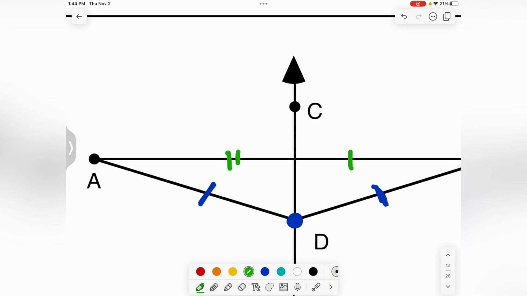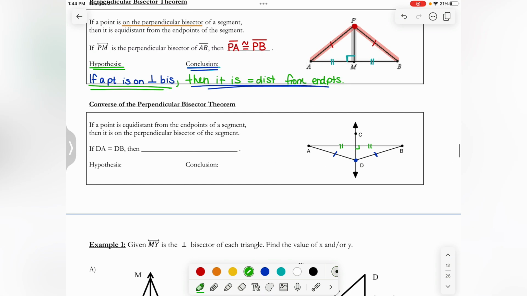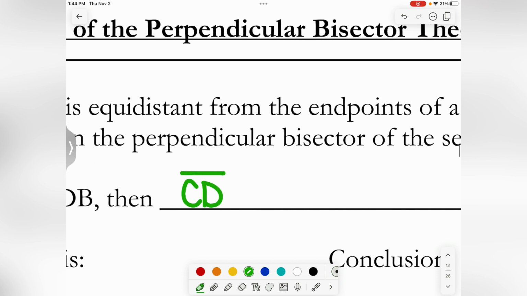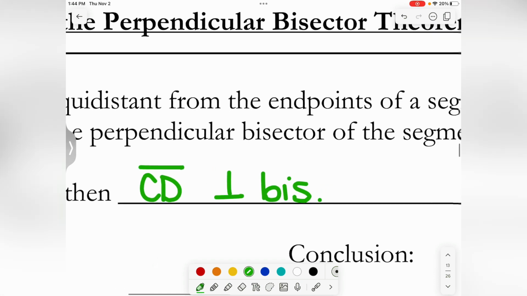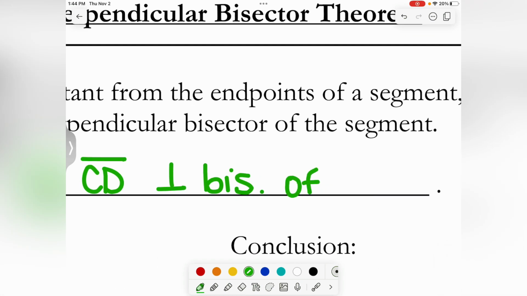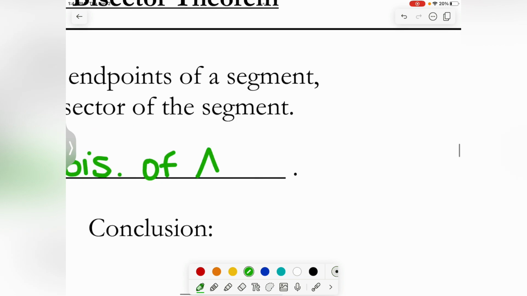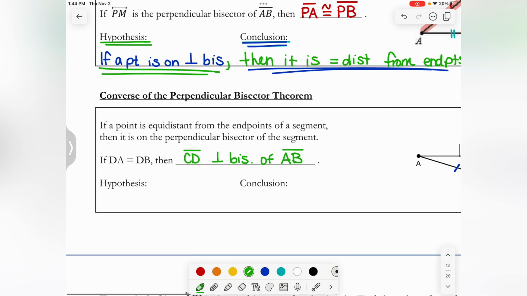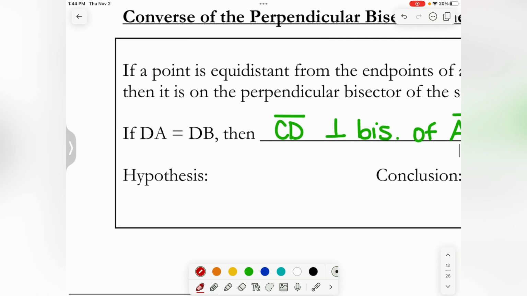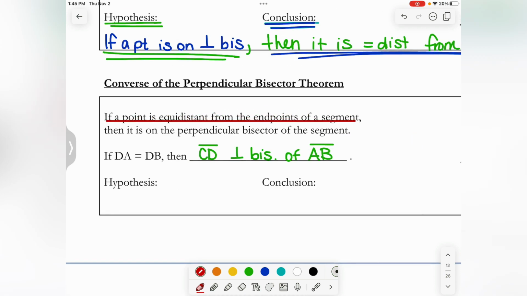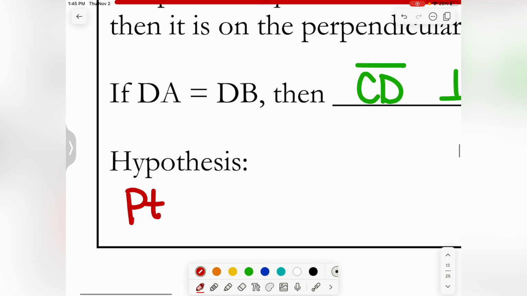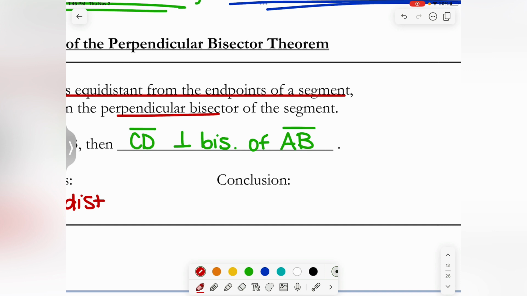So if DA is equal to DB, then CD is the perpendicular bisector, which I'm going to write with the perpendicular symbol and BIS for bisector, of AB. Okay, so the hypothesis is this part. The point is equidistant. And then the conclusion is that it's the perpendicular bisector.